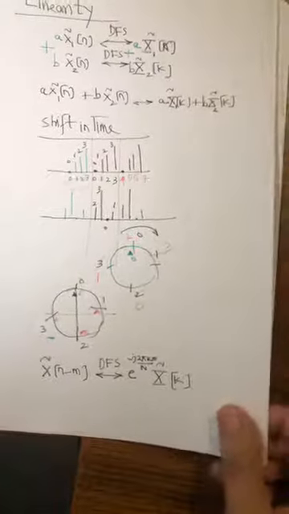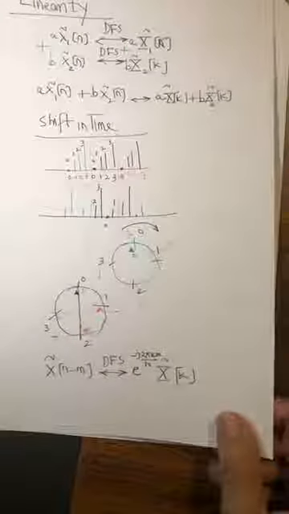Remember, the third property which we talked about was multiplication by an exponential, another property which is usually important in the discrete time Fourier transform, and that was multiplication.